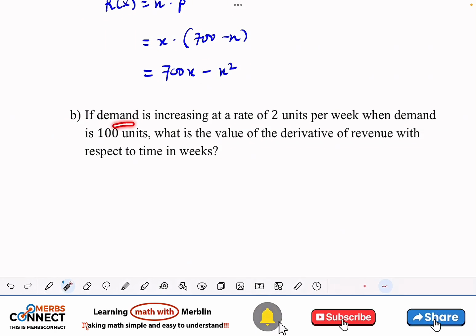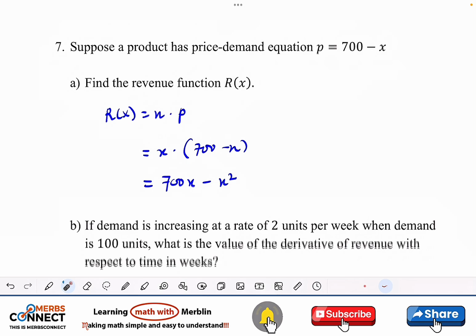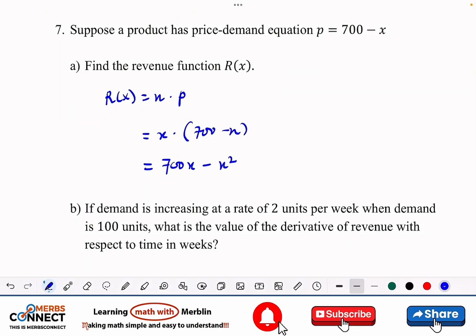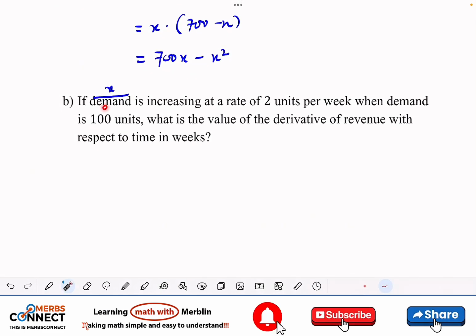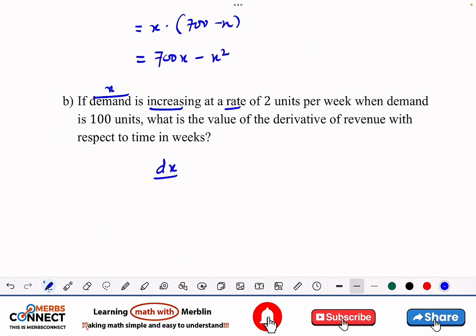Now, if demand is increasing, don't forget that demand is x. So if demand is increasing at a rate per week, it means that it's positive, and rate means that we have change in x over change in t.